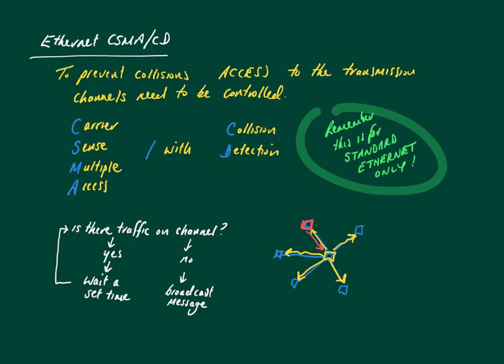Now, of course, there might be a chance of the red and the yellow nodes sending a frame at exactly the same time, in which case you've got to build in some contingencies so that if a collision is detected, the transmission is discontinued, and then again you wait for a period of time, you check that the line is clear, then you try transmitting again.